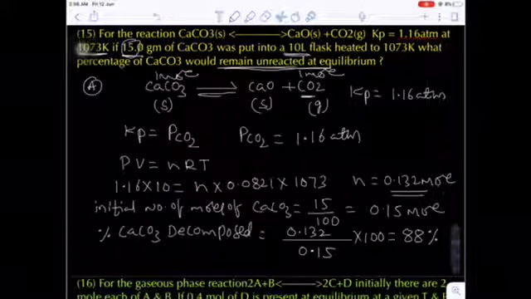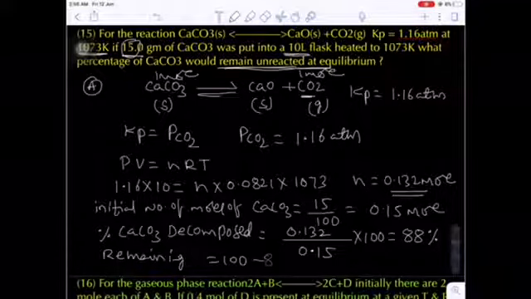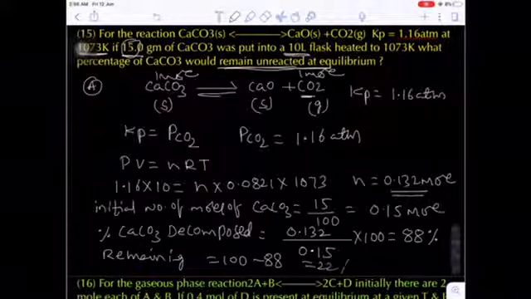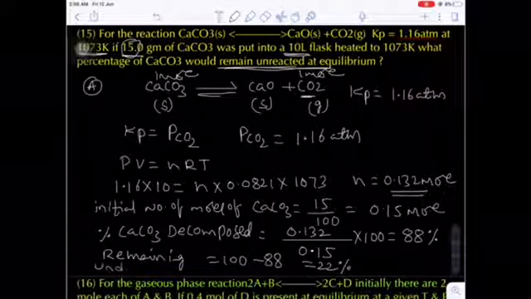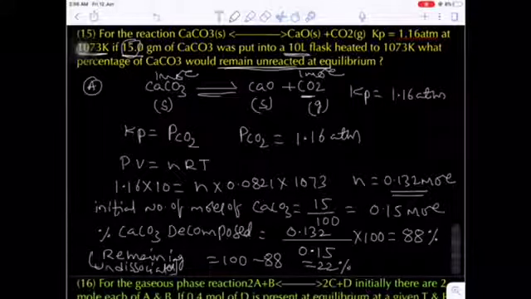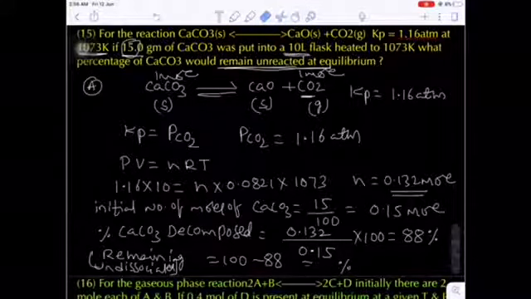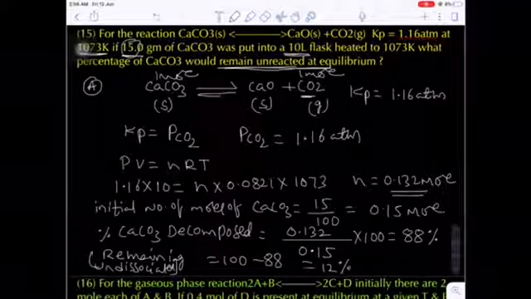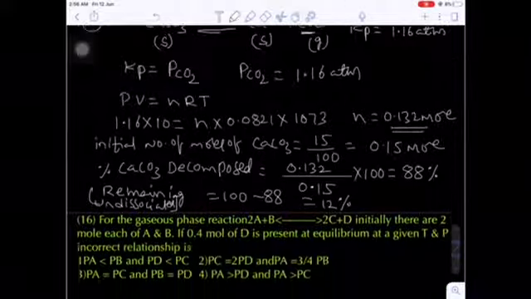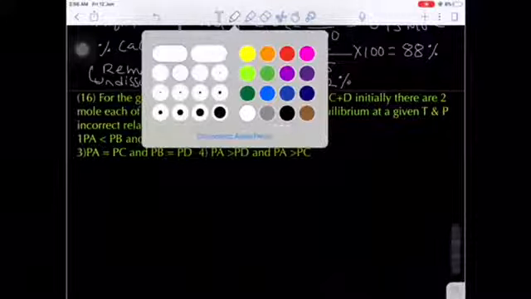But the question asks for unreacted limestone, that is remaining, 100 minus 88. Just wait, here also a small mistake is there. Here 12%. 100 minus 88 is equal to how much? 12%. Okay. Now question number 16.